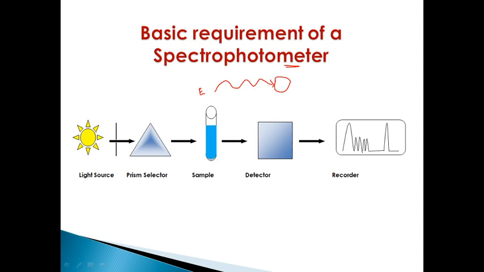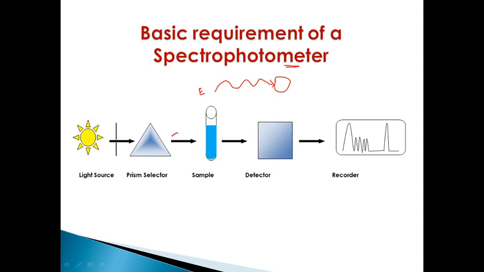The light source emits polychromatic radiation, but to know the structural identification, we need monochromatic radiation. That means we have to convert the polychromatic radiation into monochromatic radiation. For that we use the prism selector.